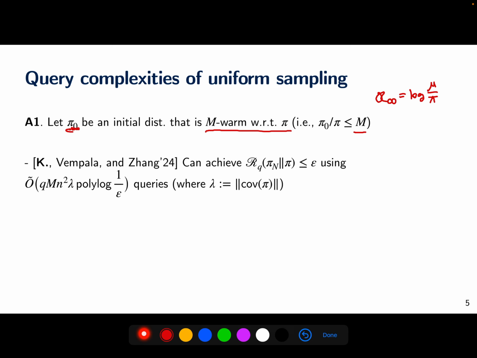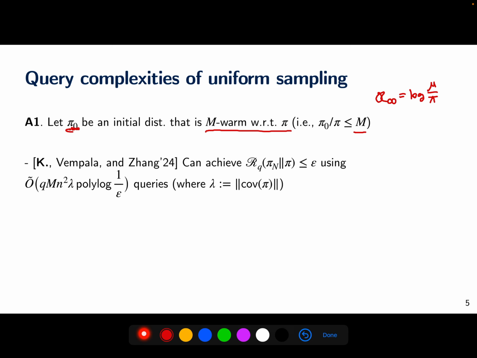The next question is, how can you achieve a warm start, like an O(1) warm start? Because in the previous slide, we saw that both the Rényi-q and Rényi-infinity guarantees have dependence on this M, the warmness. So in order to achieve a tractable complexity, you want an O(1) bound on the warmness, right?